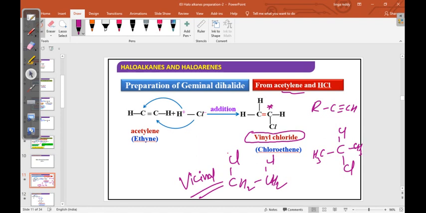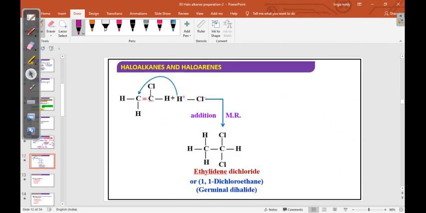Okay. Now geminal halide from alkynes. Addition of 2 moles of HCl on alkyne. The first step is forming vinyl chloride. In the second step, again H plus is attacking, where according to Markovnikov rule, the hydrogen is attacking on the more hydrogen-containing carbon.